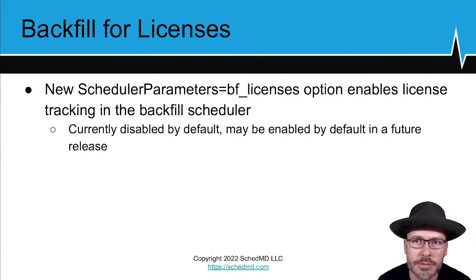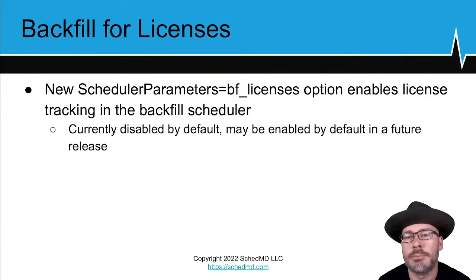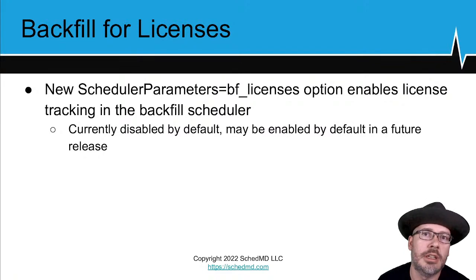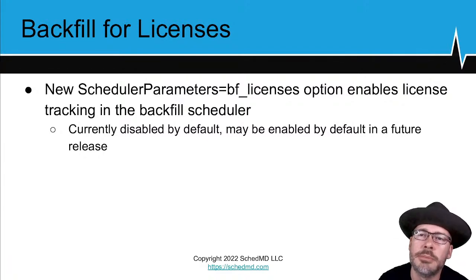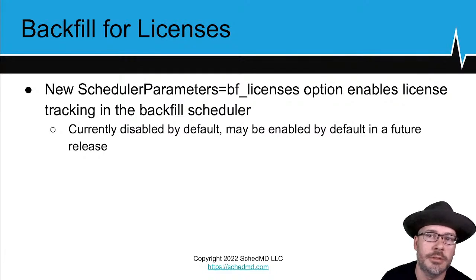But at least so far, we've seen only minor performance differences from running with this enabled. I will note it is disabled unless you've turned this on explicitly in your slurm.conf, and that will remain true at least through the 23.02 release. Sometime further down, we may actually move to enabling this by default, but currently it is off, but available as a new option to turn on in 22.05.